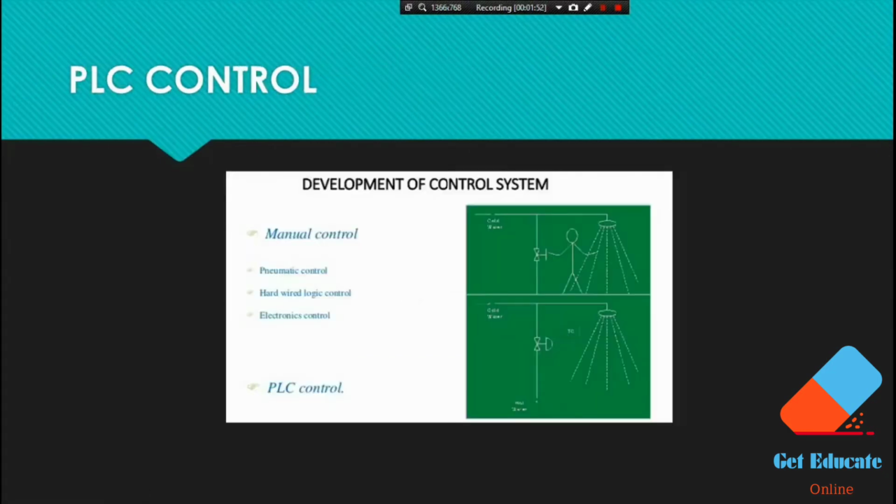Then we finally move to PLC control, where the man is replaced by a temperature controller.